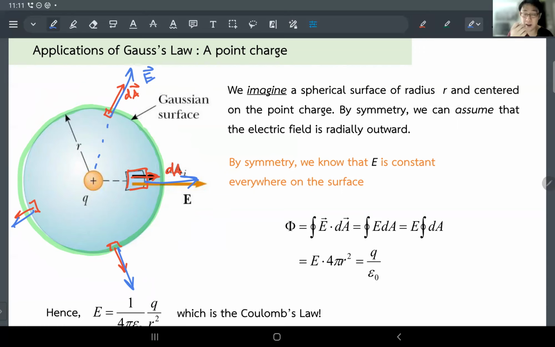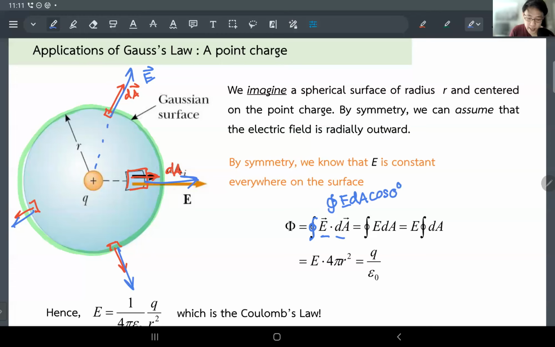So what is the flux through this Gaussian sphere, guys? Let's do it. Flux is the integral over the closed surface of E dot dA, right? So far so good. But now your E dot dA is the magnitude of E times the magnitude of the A vector, which is just dA, and then the angle between the two, which you said is 0.